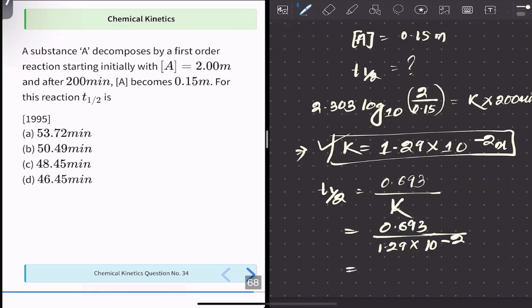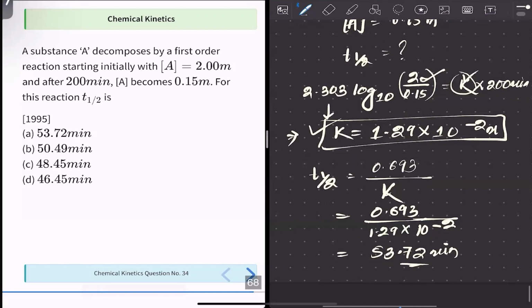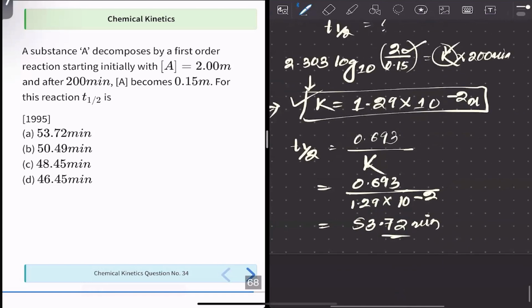So the answer would be 53.72 minutes. Here I directly wrote the value of K. You just calculate on rough paper and write down the equation. So option A is correct here.